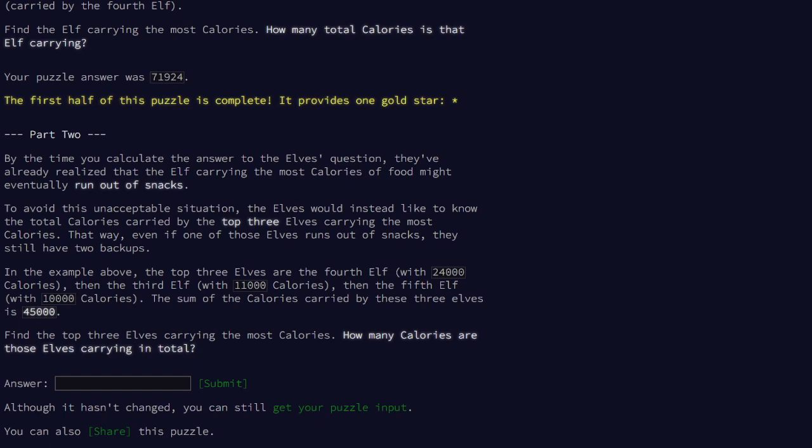Okay, A minus B. So return the numbers. Actually, is it better in descending order?